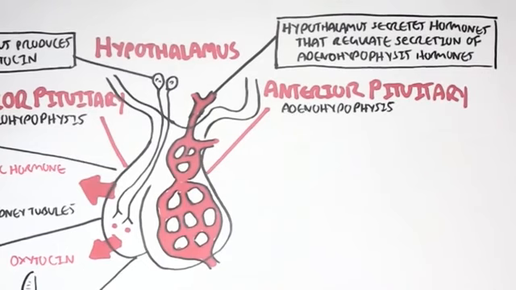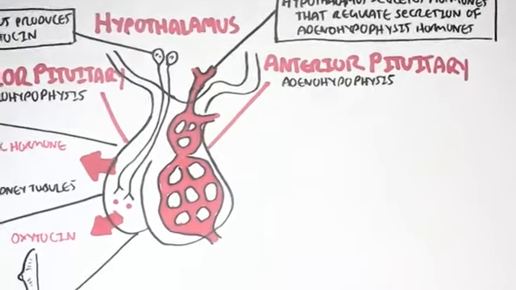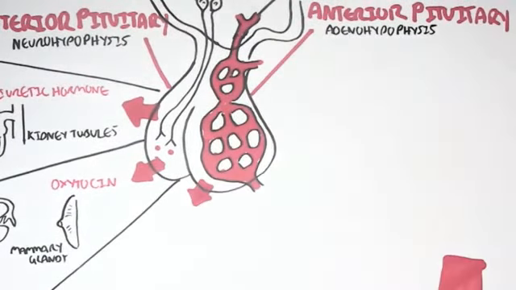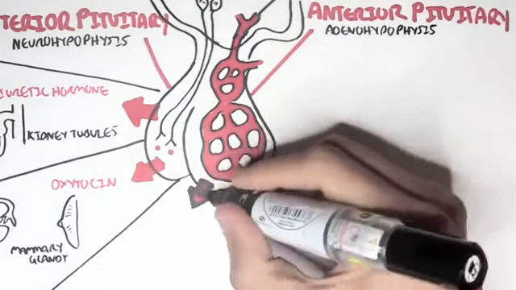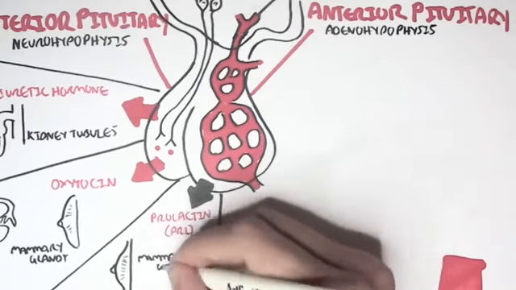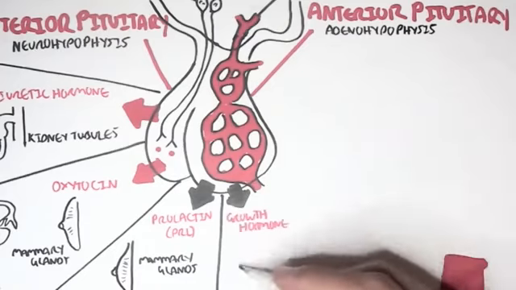Anyway, whatever the case, if it's all okay, the anterior pituitary can secrete prolactin, abbreviated PRL, which targets the breasts, essentially for milk production. It can also secrete growth hormone, which targets many tissues, such as the bone, for growth.